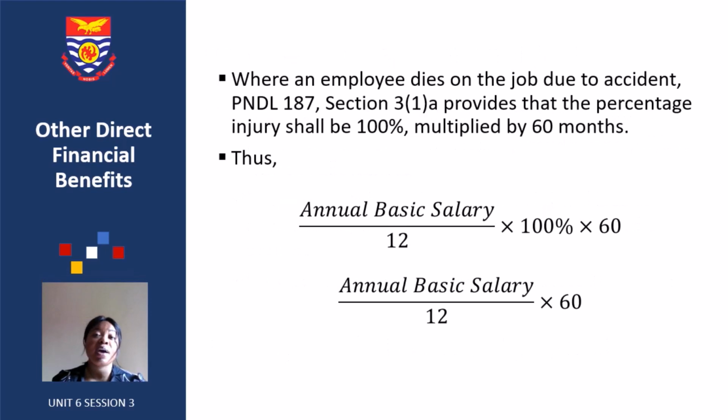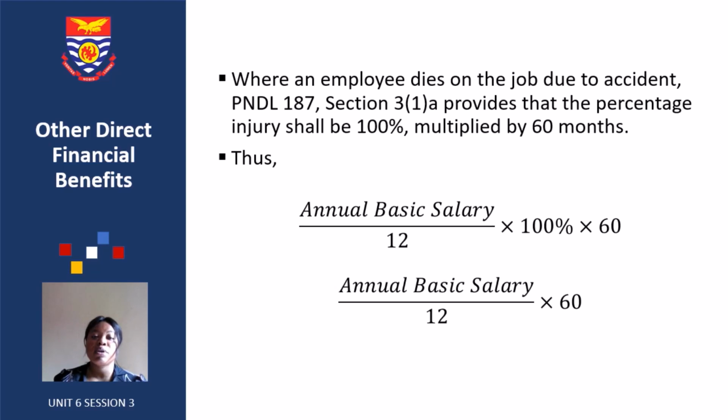If an employee, however, dies on the job due to the accident, PNDC Law 187, Section 31A, provides that the percentage injury, as would have been calculated by the medical practitioner if he lived, should be 100% multiplied by 60 months.